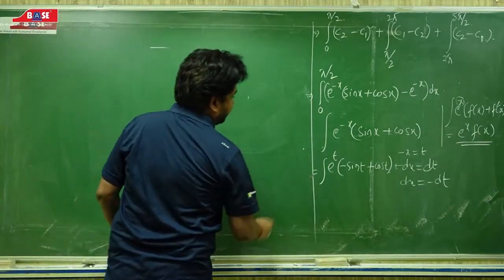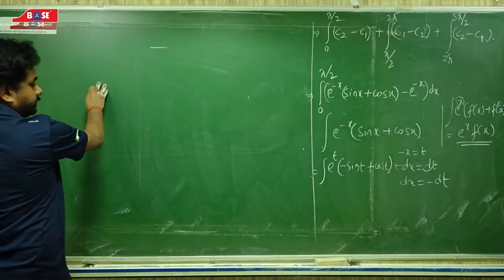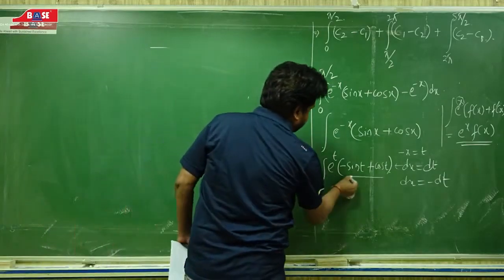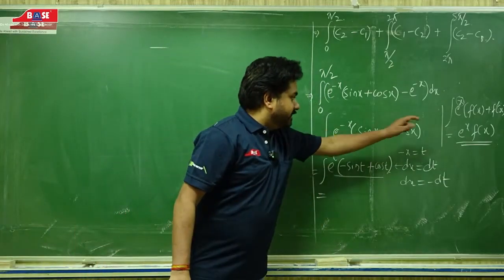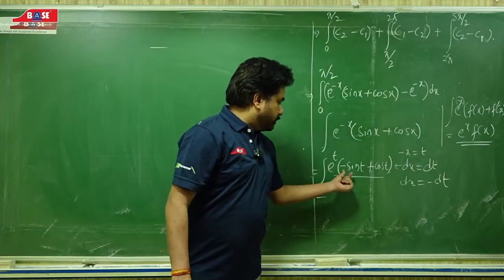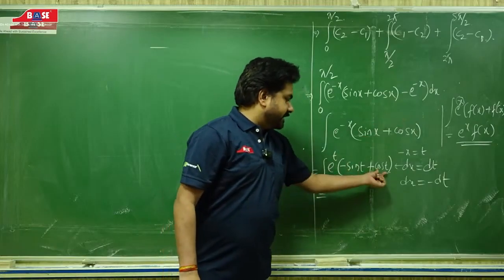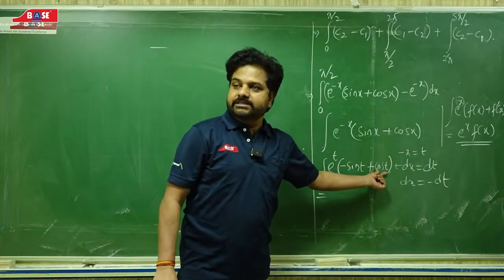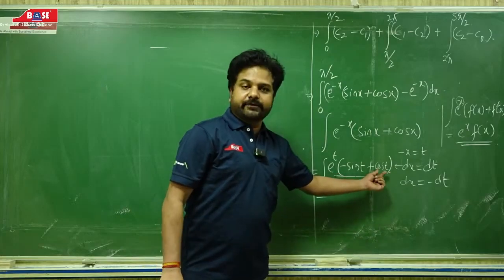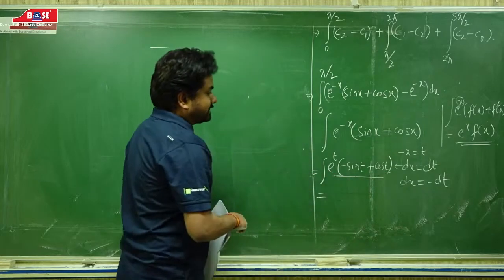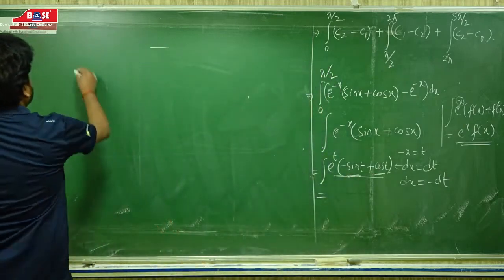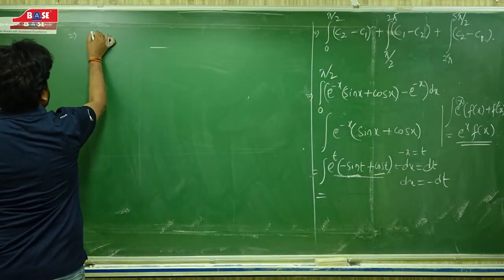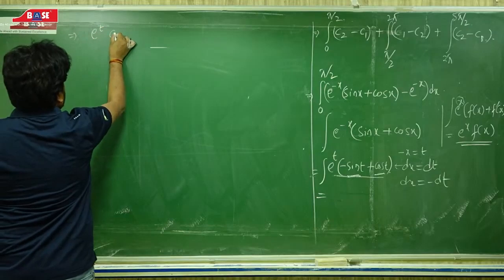So from here, what is the integration of this? Now we can easily observe that we are getting it in this form. So minus sin x, the derivative of cos x: the derivative of cos x is minus sin x. So I can say this is our f of x and this is our f dash x. So our integration will finally be e power t cos t.